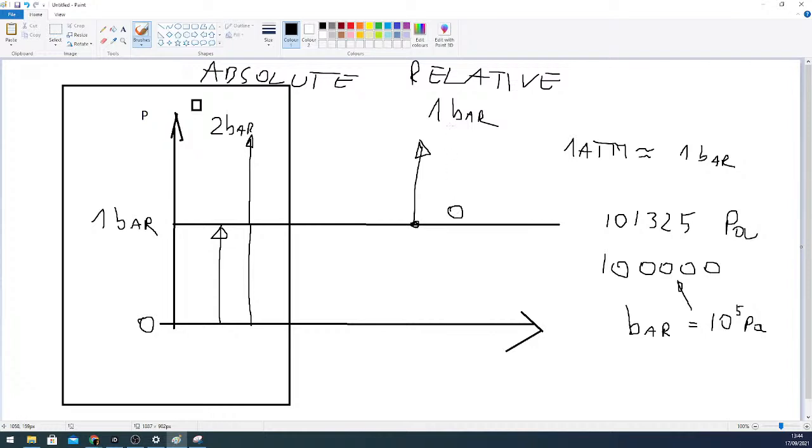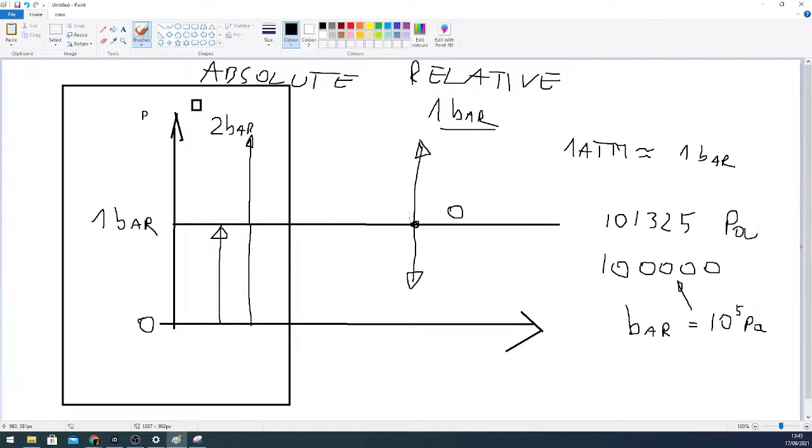If we raise it, it starts to show. If we raise the pressure over the atmospheric pressure, it starts to show pressure values on the positive side. And if we go below, it starts to show values on the negative side.